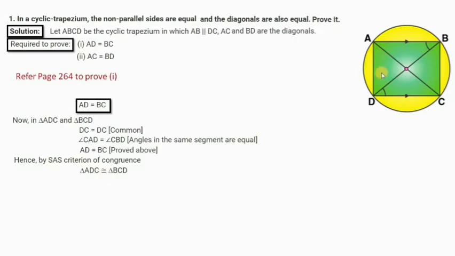So these two triangles are congruent. This is equal, this is also equal, and this is common. So definitely the third side has to be equal. That is, by CPCT we have AC equals BD. With this we stop this particular problem. You may pause the video to note down.